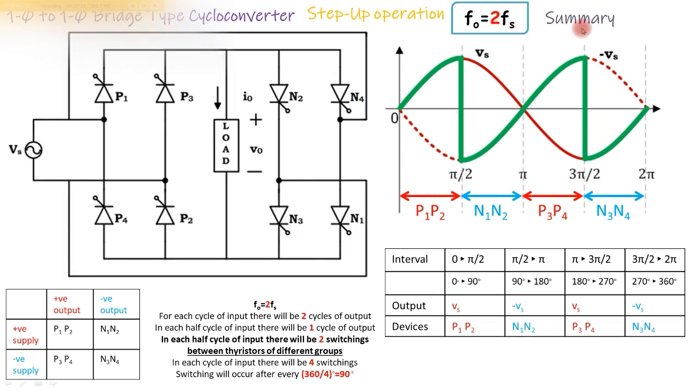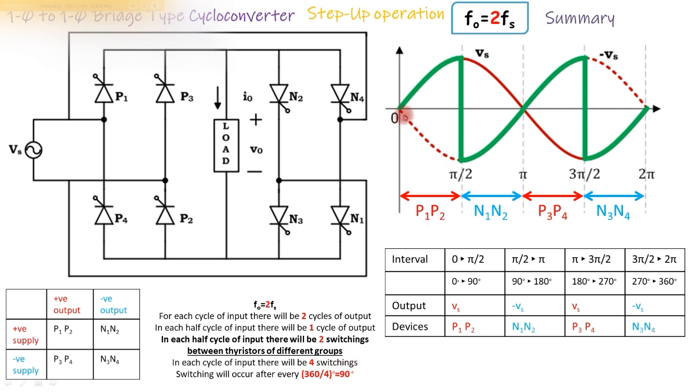So the summary for step-up operation of the cycloconverter, when we have to obtain 2 times the supply frequency: there will be 2 switchings in each half cycle, a total of 4 switchings, and each switching will occur after an interval of 90 degrees.